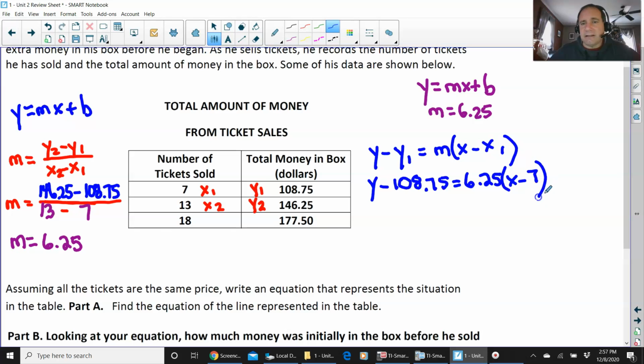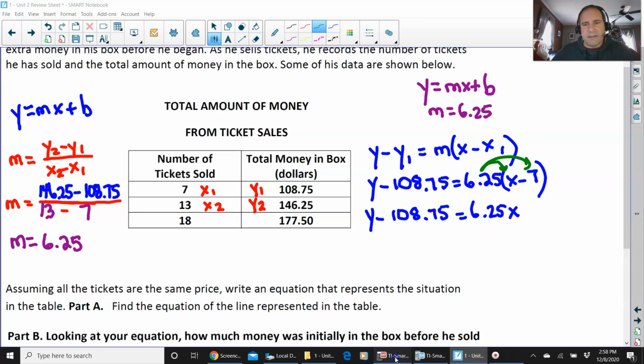I'm taking the labels I had already with the slope formula that I already used, the x1, y1, and I'm substituting it in here. So y minus 108.75 equals 6.25 times x minus 7, and to solve this, I have to do the distributive property. So I do 6.25 times x, and I get 6.25x. That's where my slope comes in. And then 6.25 times -7.